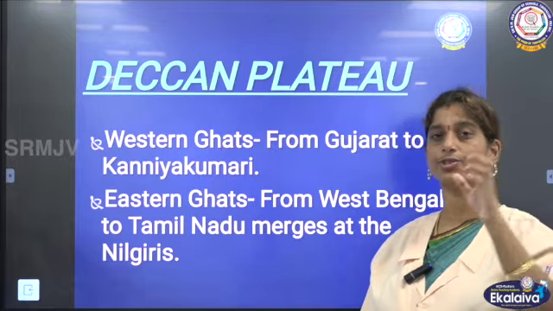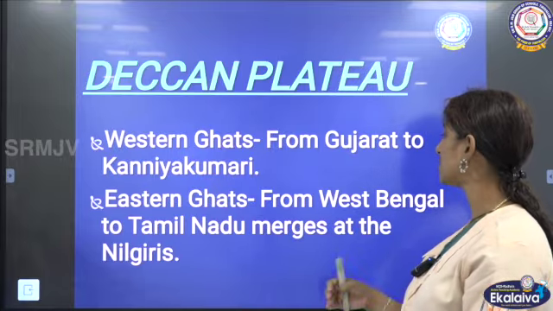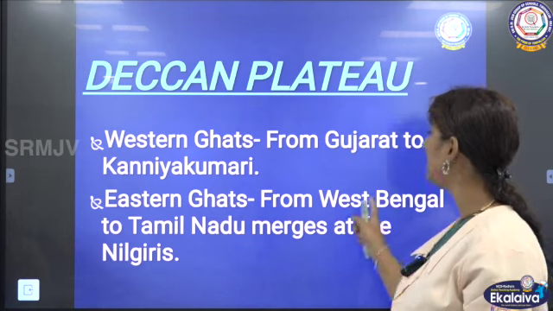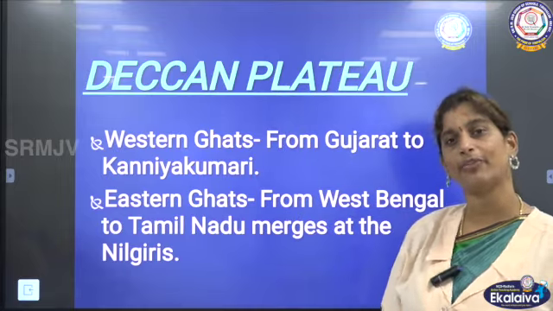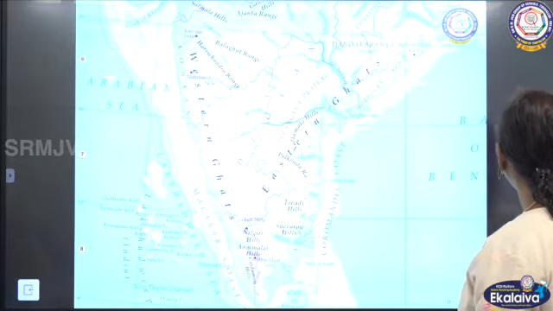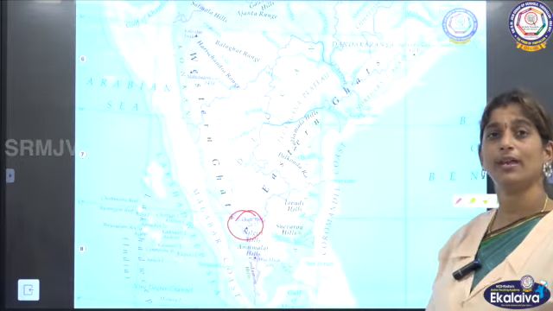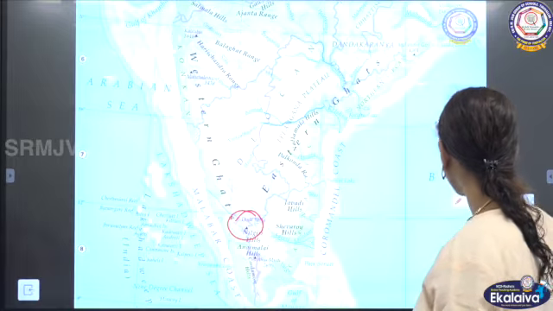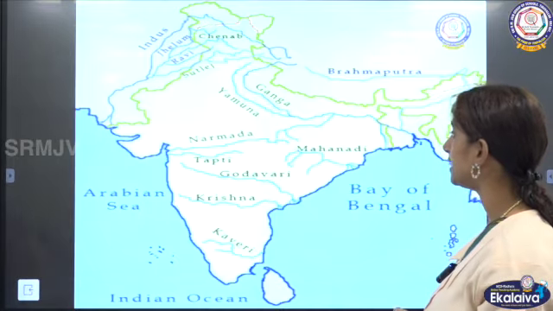It starts in Gujarat and ends in Kanyakumari. The same way, the Eastern Ghats run from West Bengal up to Tamil Nadu. When the Eastern Ghats start at West Bengal and end in Tamil Nadu, they merge at the Nilgiri Hills. Here you could see the Nilgiri Hills is the place where the Western Ghats and Eastern Ghats meet. So that is all about the location of the Western Ghats and Eastern Ghats.